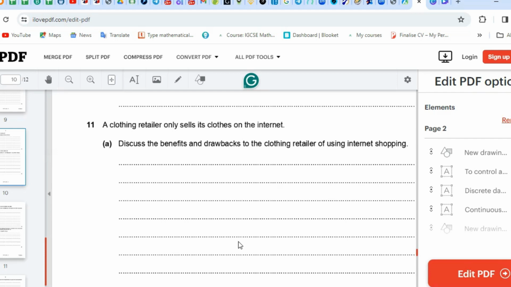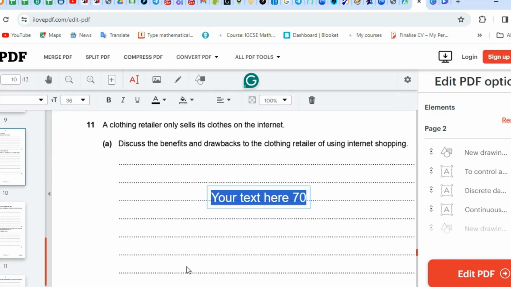So we want to look at the benefits and drawbacks of a retailer selling over the internet.